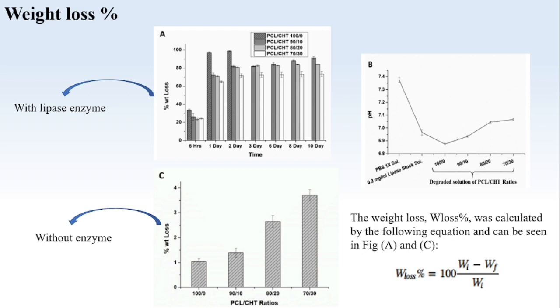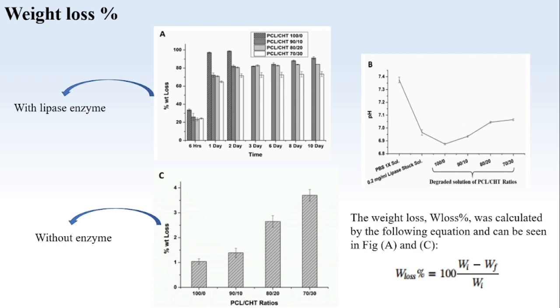When the degradation was conducted without the enzyme, the degradation of the planes was significantly low. Moreover, pure PCL showed the lowest degradation, and the degradation increased with increasing chitosan weight percent.